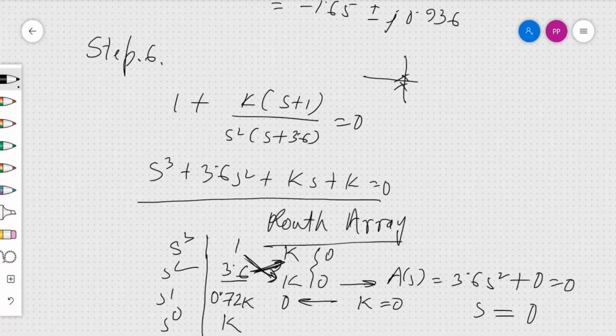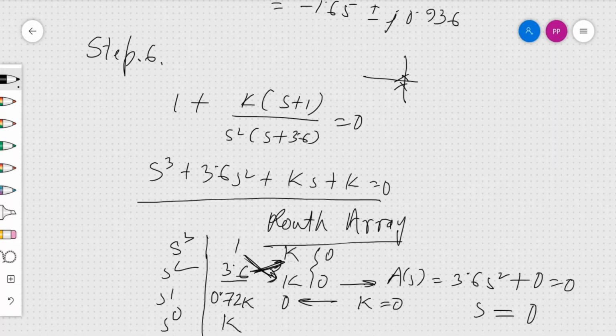So from here we understand that there is no other crossing point at the imaginary axis other than the origin.